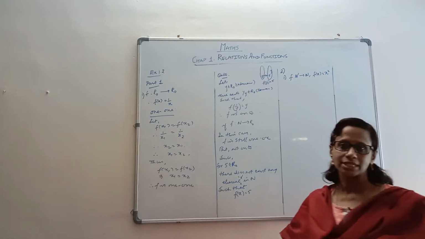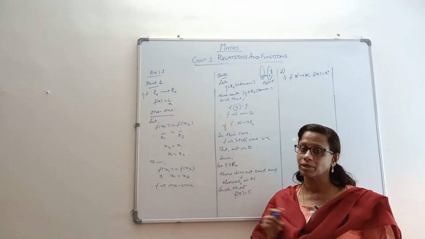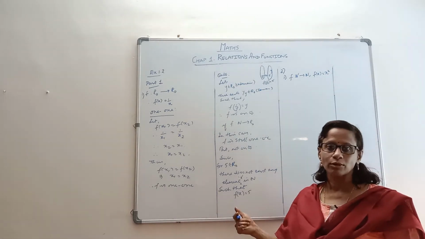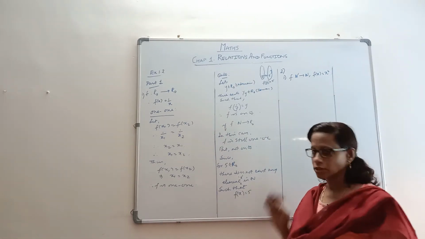The one that should be existing should have been 1 by 5, but that 1 by 5 is not there in natural numbers. That is why we say there is no existing element in n that can go to 5, right? So that is why it doesn't hold.